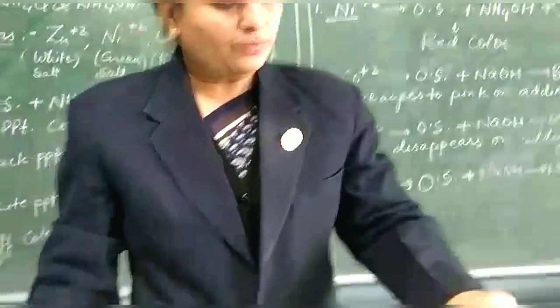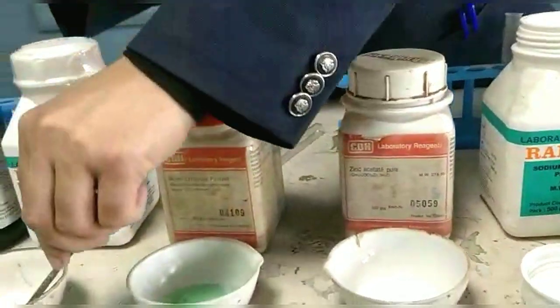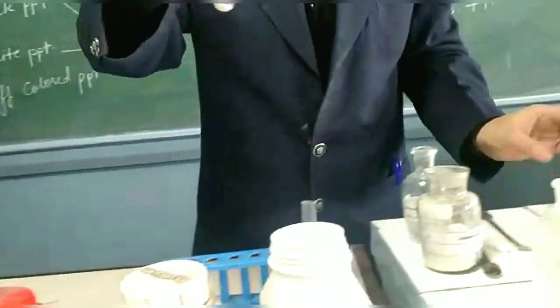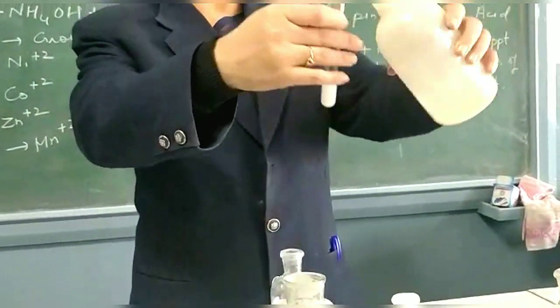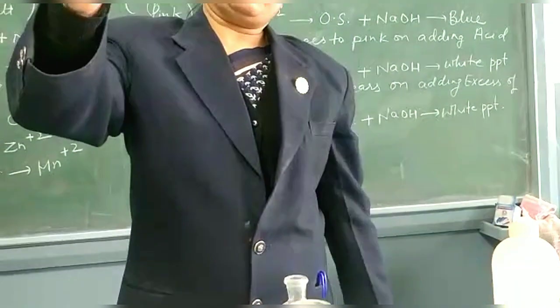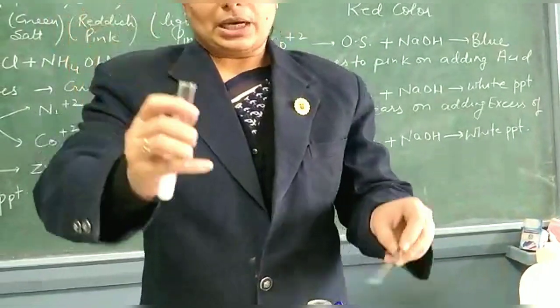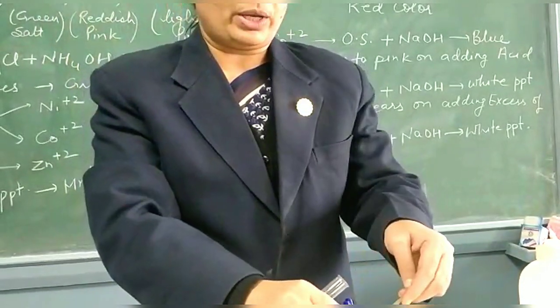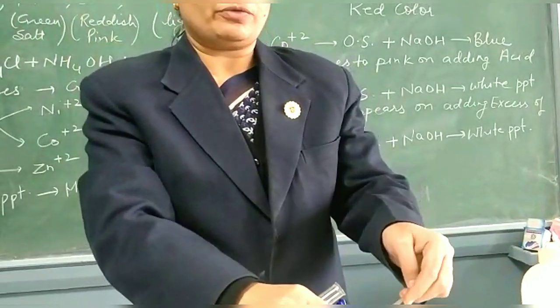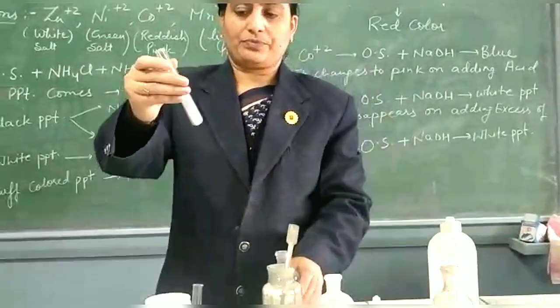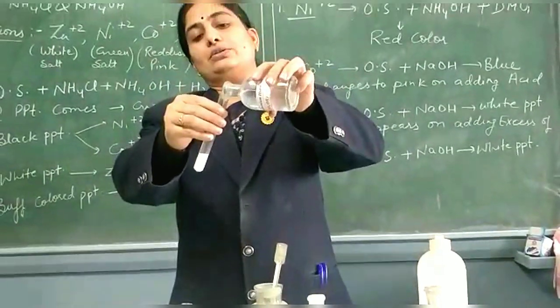Now we'll move to the next cation, that is manganese salt. This is light pink in color, and on adding water I'll make the original solution, and then by filtration we get a clear solution. Now to the clear solution we add a small amount of ammonium chloride and ammonium hydroxide also.